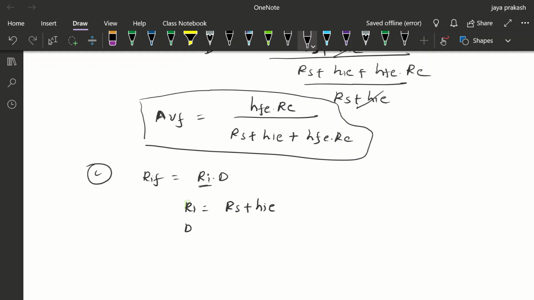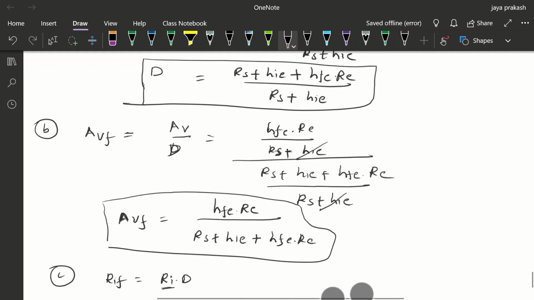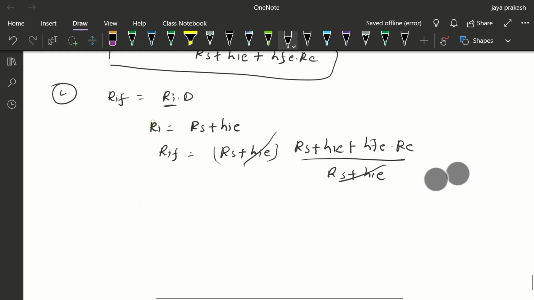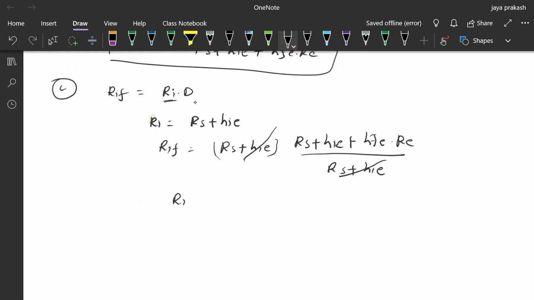Hence RIF is equal to RS plus HIE into D. We have to substitute D, which is RS plus HIE plus HFE into RE divided by RS plus HIE, and this RS plus HIE will get cancelled.